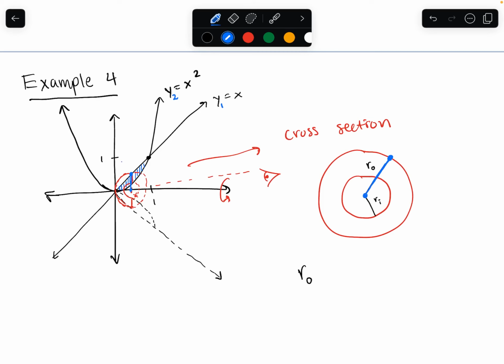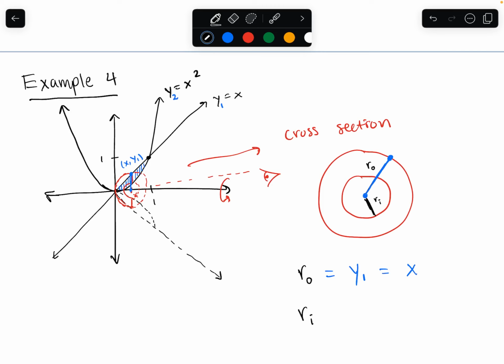This point that it lands on is the point x, comma, Y1, where this point lies on the curve Y1 equals x. So that outer radius is just that height, Y1. But Y1 equals x. And now we have the inner radius, RI.